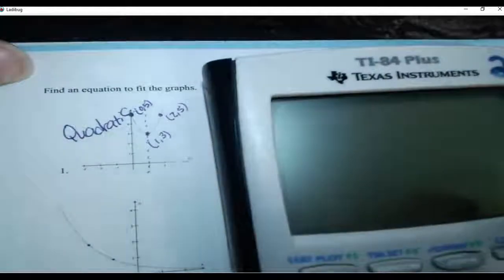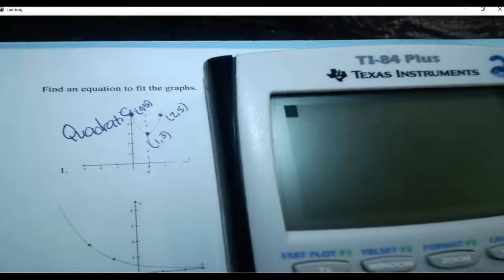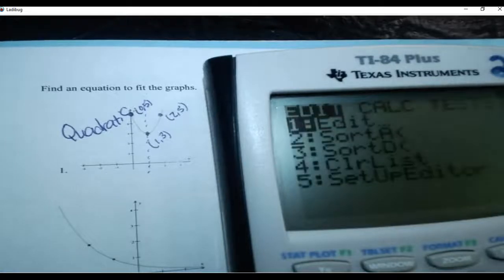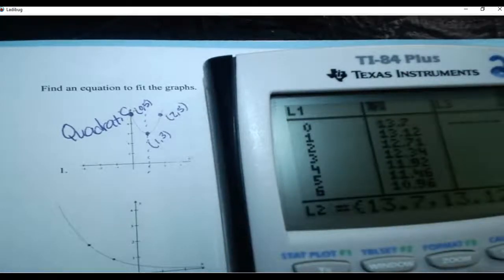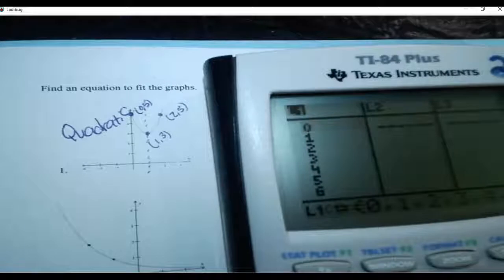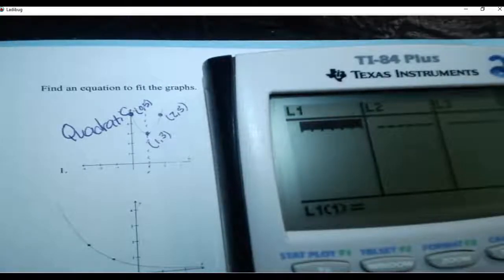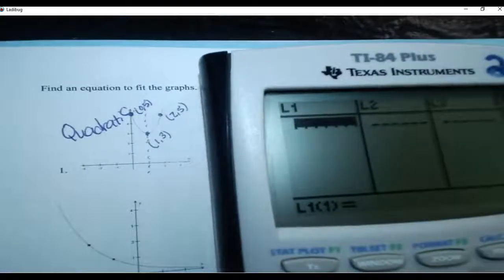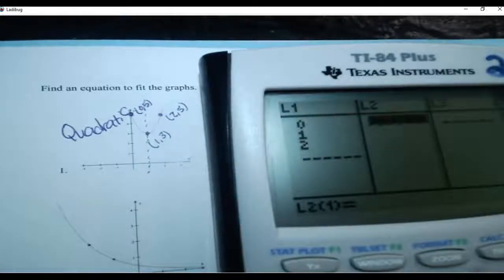Then we type them in just like how we did with the exponential. So we go to stat, hit enter, clear all this out. L1 are our x's, 0, 1, and 2. And L2 are our y's, 5, 3, and 5.